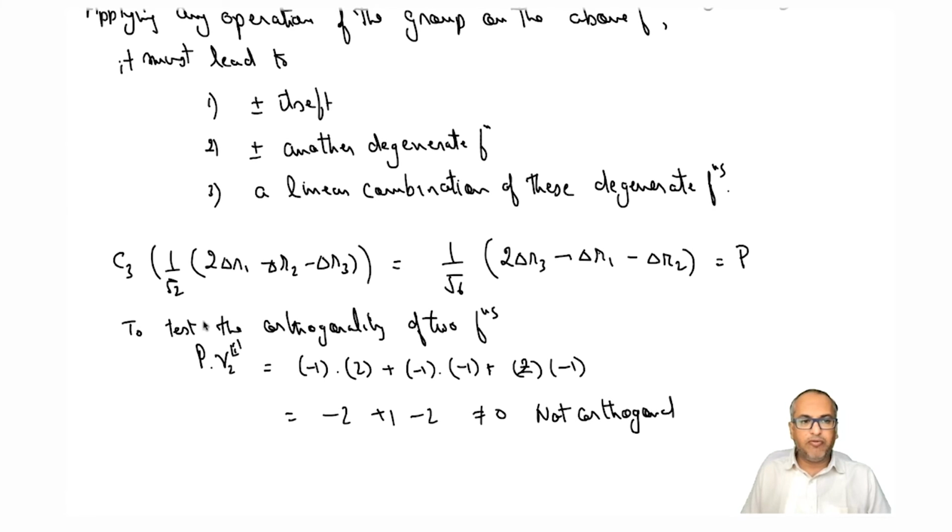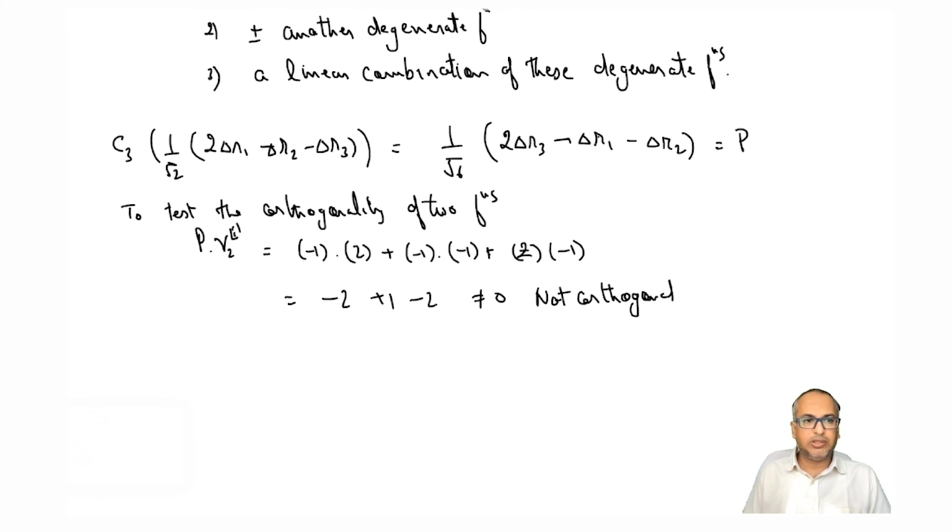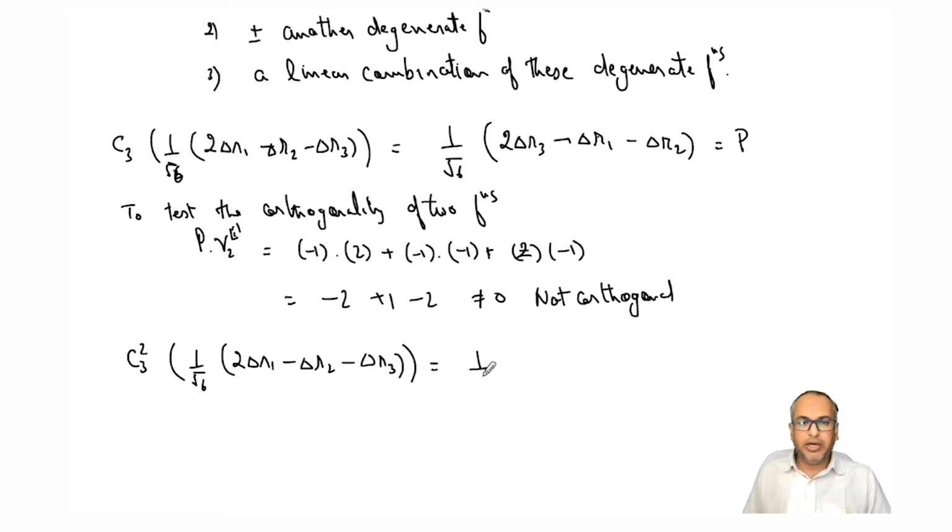I'm just giving you another way of finding these orthogonal functions in the case of a degenerate IR representation. So let us now do a C3 squared operation on the same, 1 over root 6 times 2 delta R1 minus delta R2 minus delta R3. Now what do I get here? I'll get 2 delta R2 minus delta R3 minus delta R1.